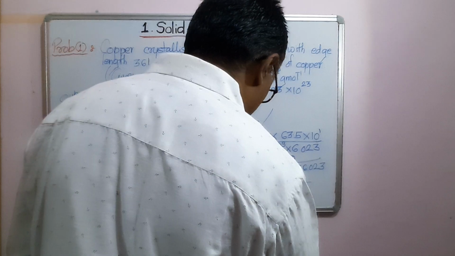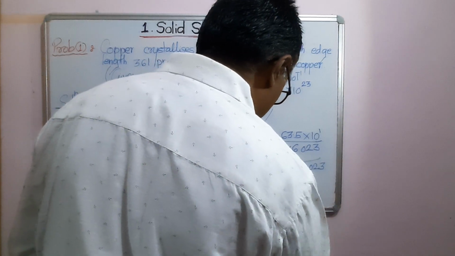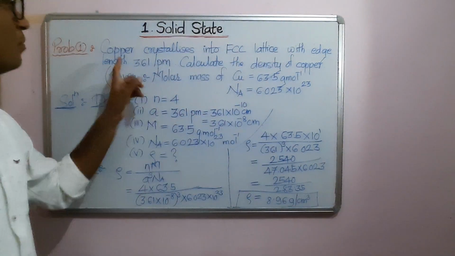So this is the density of the given copper metal.